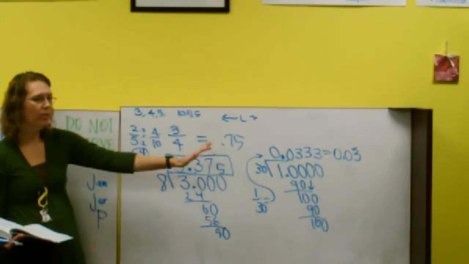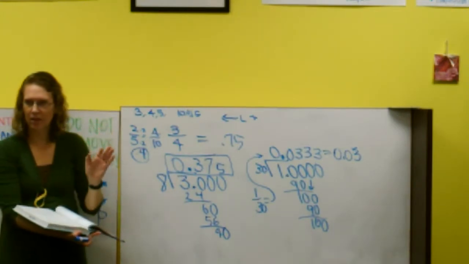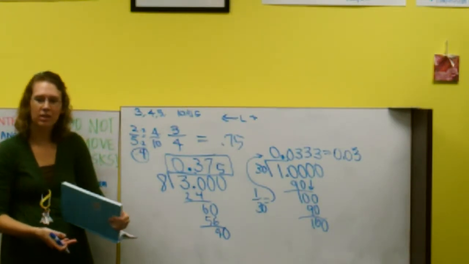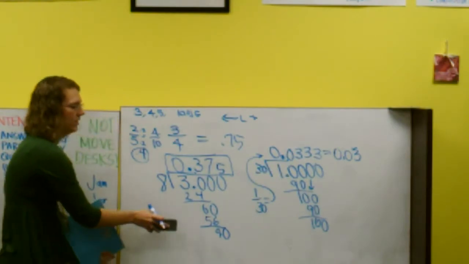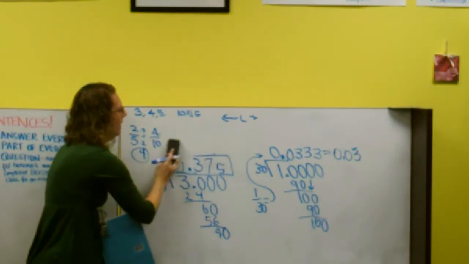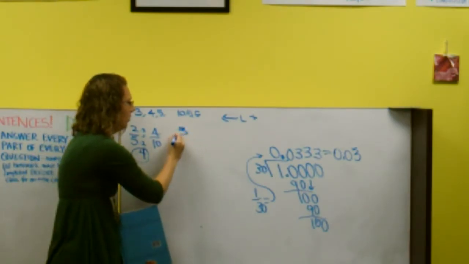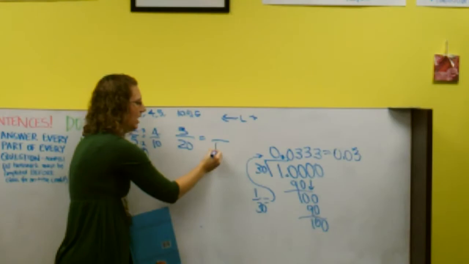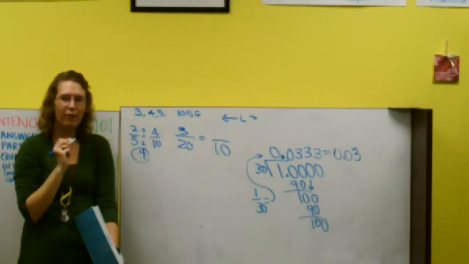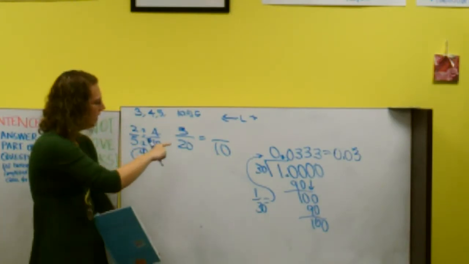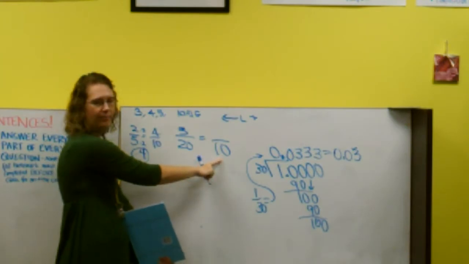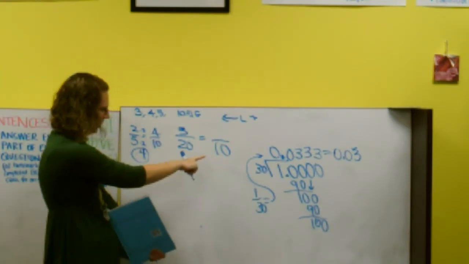Okay, this one's kind of the reverse. Idea, Jarvis? 0.06. Not quite. Let's look at this one real quick. If we've got 20ths, 3/20, and we make that into tenths. This is not a correct fraction. You can look at it. If you take 20, how did you get from 20 to 10? Reduce. What did you reduce it by?